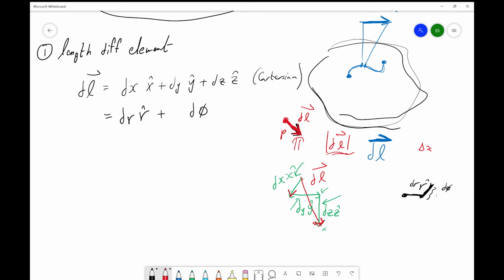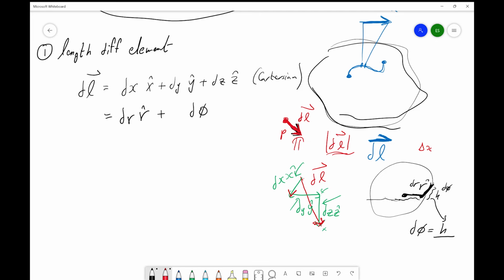Let's call the length here h. Right? H is going to be, what is d phi defined as? The angle in radians is just this length h divided by the radius of the circle, right? The radius of the circle that this arc takes. If this arc goes to 2 pi, we do one full circle, right? So what's the radius?